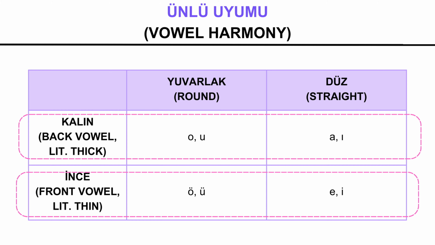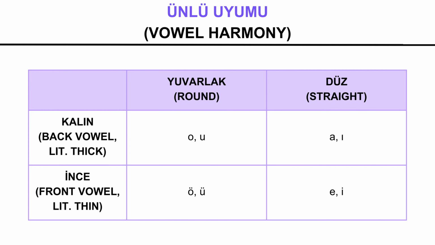The first row are kalın. The second row are ince: ö, ü, e, i. We divide them into kalın and ince, back and front, just based on how they sound. A, ı, o, u sound more thick. E, i, ö, ü sound more thin.